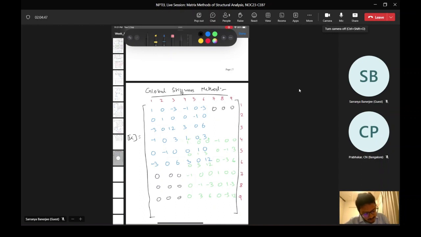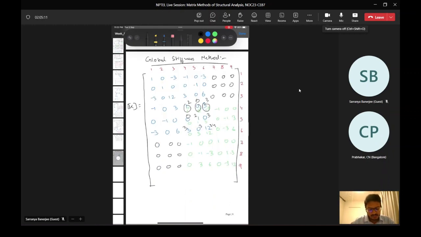We can just add zeros where there is no connection. So now this becomes 2, this becomes 0, this becomes 3, this becomes 0, this becomes 2, this becomes 3, this becomes 3, this becomes 3, this becomes 24. This is simply the global stiffness matrix. We did not even have to check which degree of freedom is associated with which column.